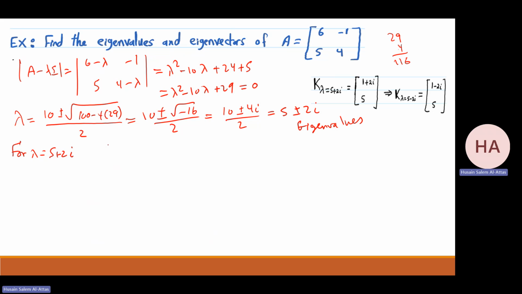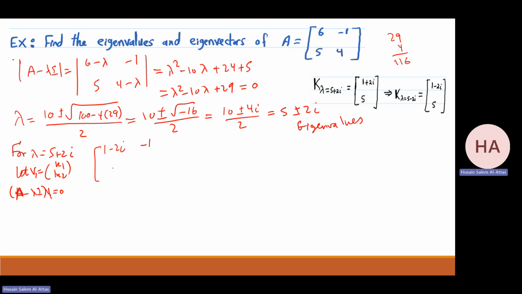For this, I need to do the calculation. Let V be K1, K2. I need to solve this system. What do I have? 6 minus 5 minus 2i, so it's 1 minus 2i, minus 1.